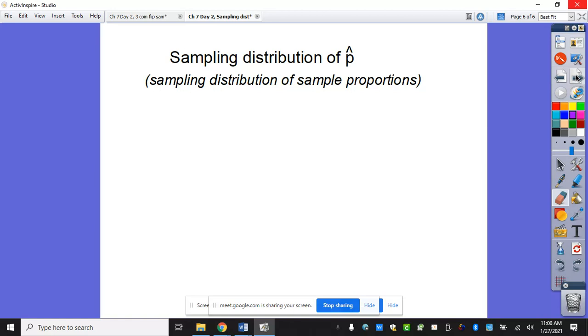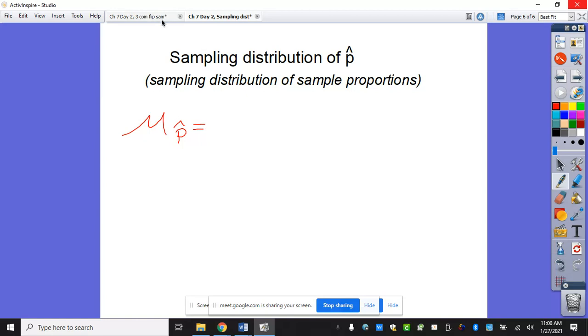So first thing I want to talk about, I know you're writing, is where the mean of that sampling distribution is going to be. So let's talk about our two examples, our homework example and our class problem from yesterday.